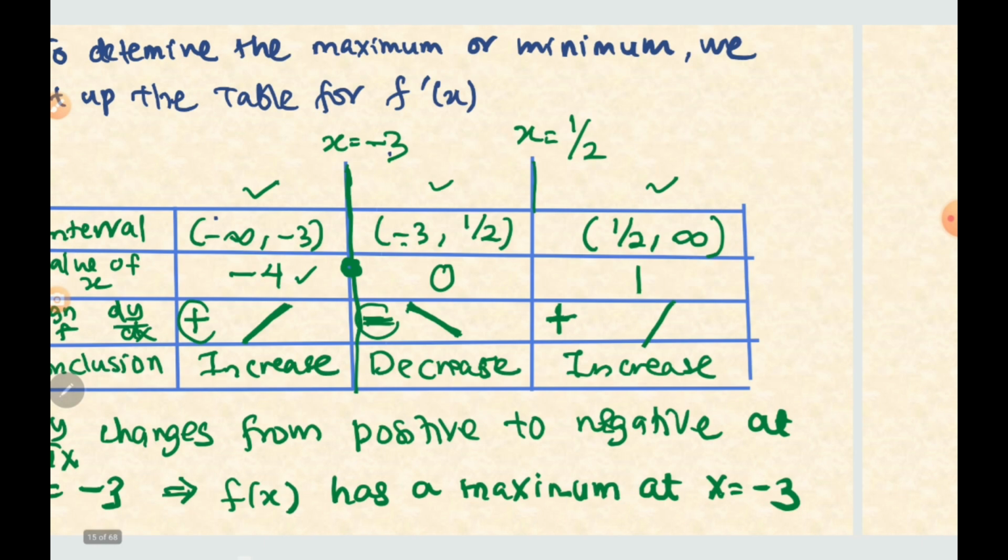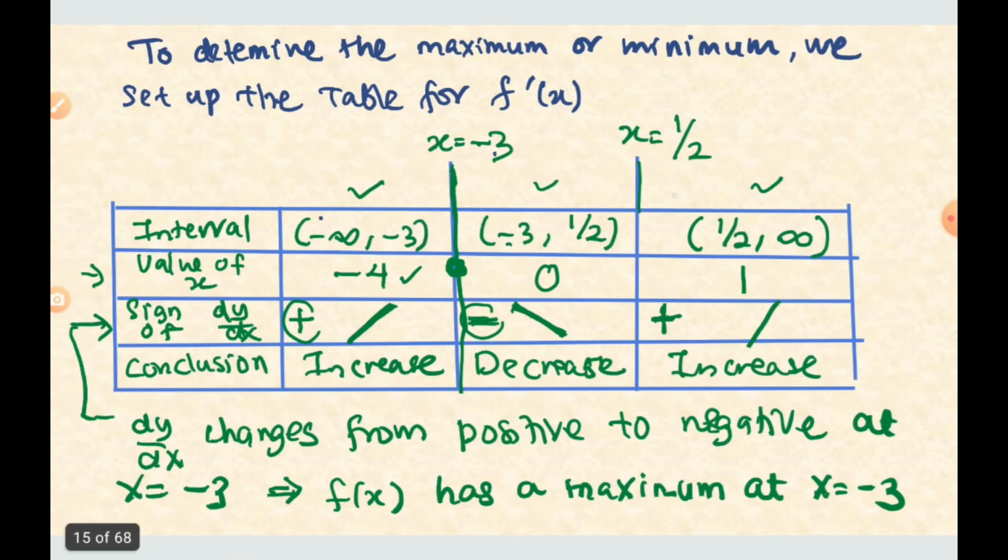We can see from the table here, at x equals 1/2, the sign for dy dx changes from negative to positive, means we have a minimum point here. So what is the minimum point?